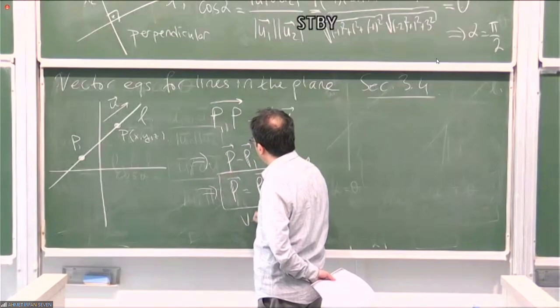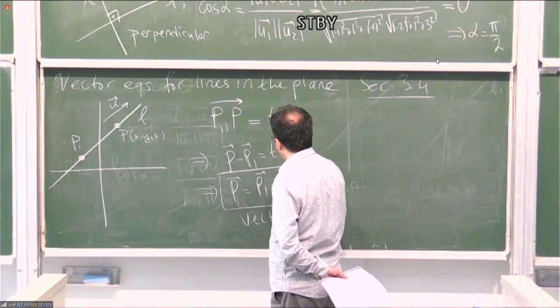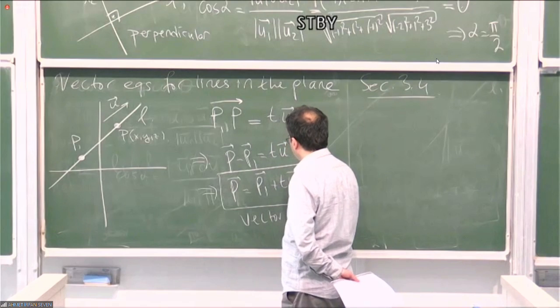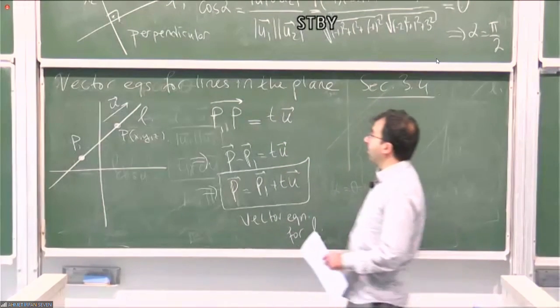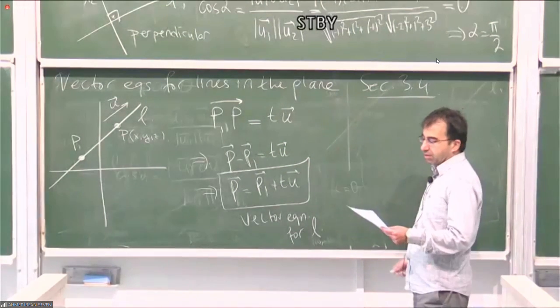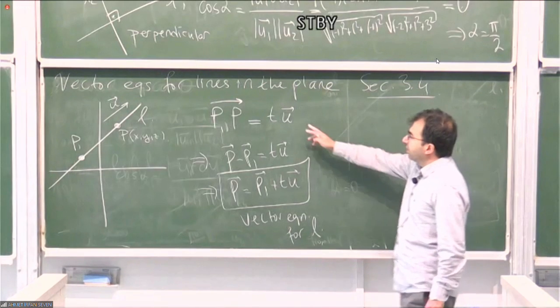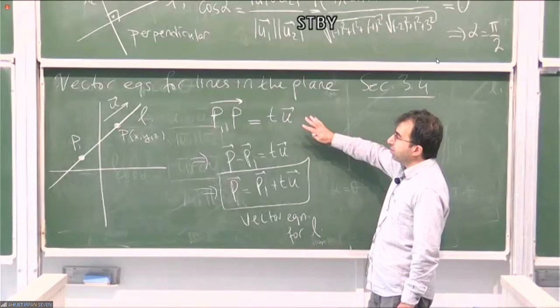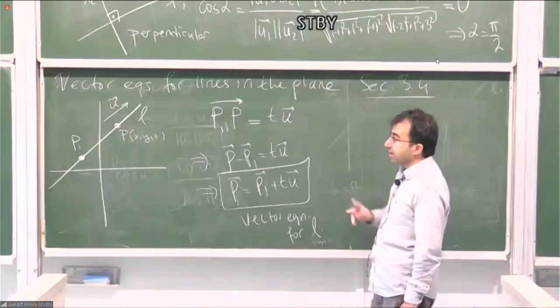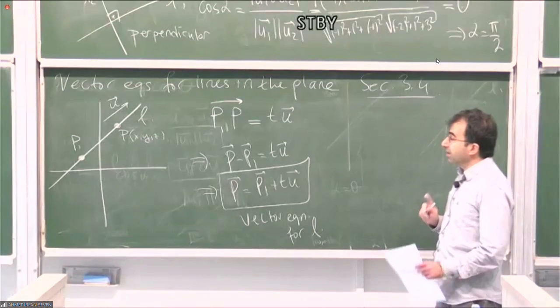This would be our vector equation for L. This is also a vector equation, doesn't matter. This is the same as what we did for lines in space. However, what is different?